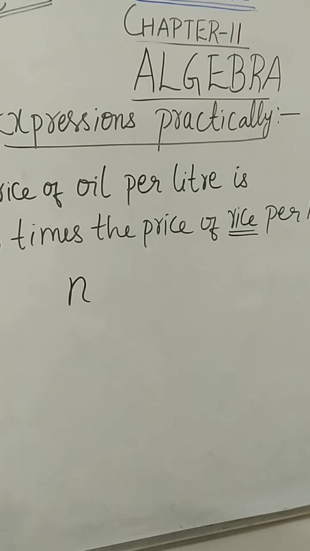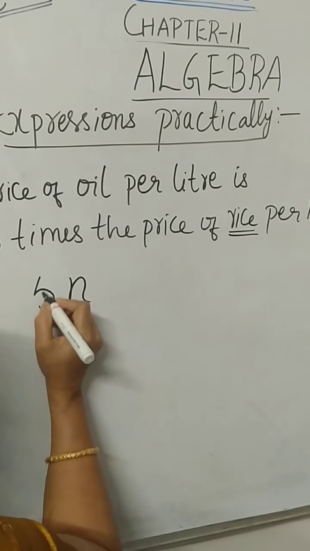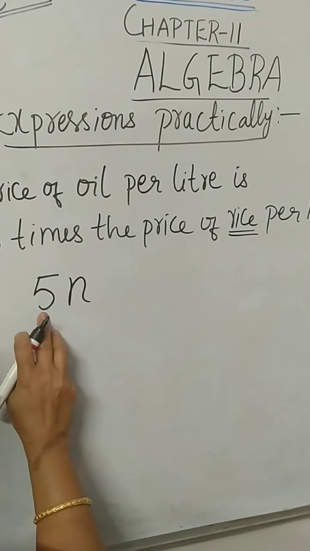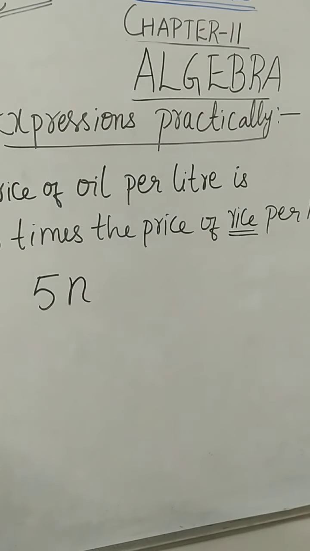Price of oil will be 5 times of it, which means it is 5n. So 5 times the price of rice is the price of oil.